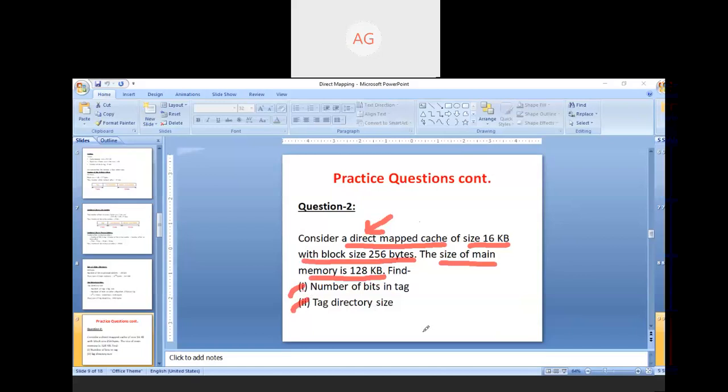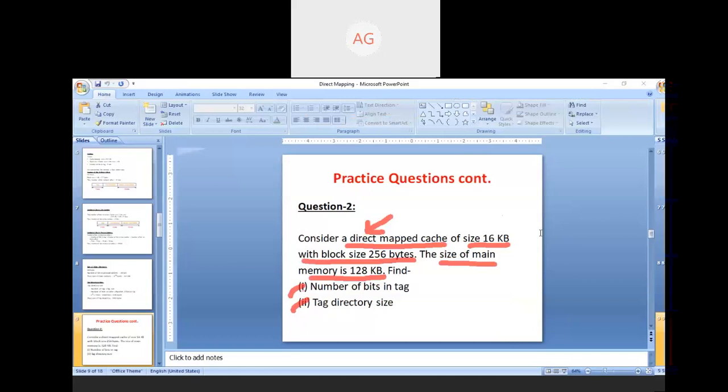So according to this, to solve this question, I am giving you 2 minutes. Just try to solve this question. Just write what are the things given to you and what you need to find. I am giving you 2 minutes in order to solve this question.